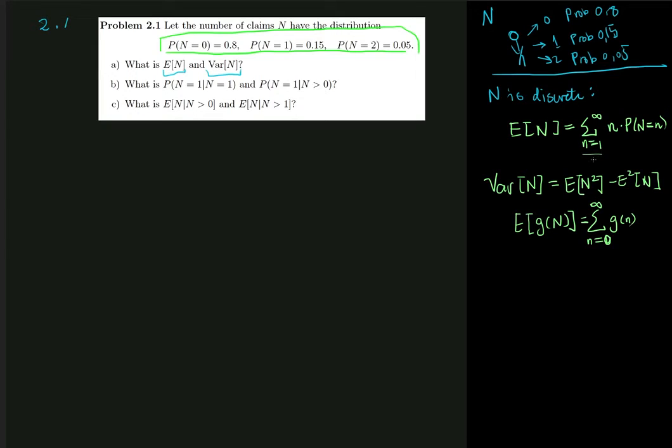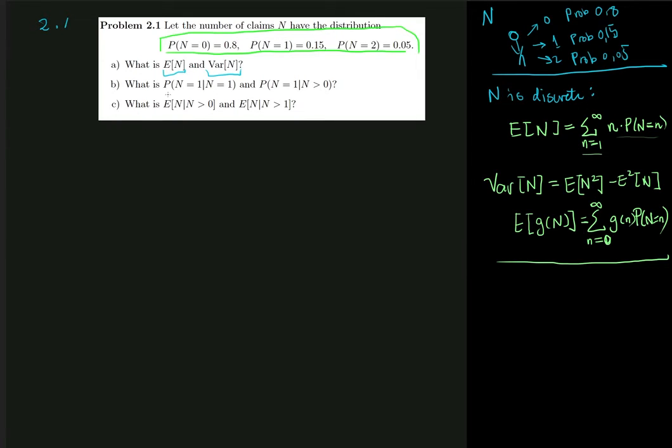Up here, when n is equal to 0, the first term just cancels out because it is equal to 0. But here, g of 0 might be 2 or something like that, so that doesn't just cancel out. So we write g of n for n going from 0 to infinity, and then we take each of the outcomes and multiply by the probability that we gain that outcome. So this is how we write up the moments of n.